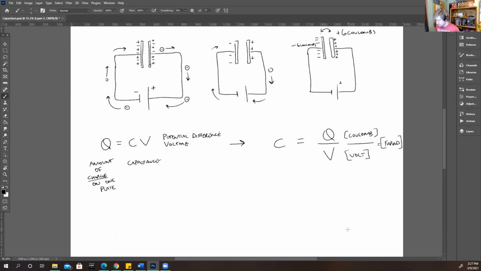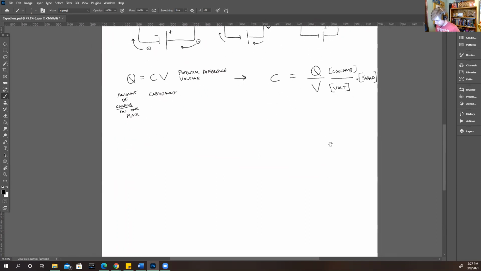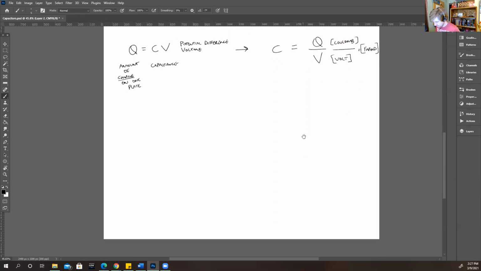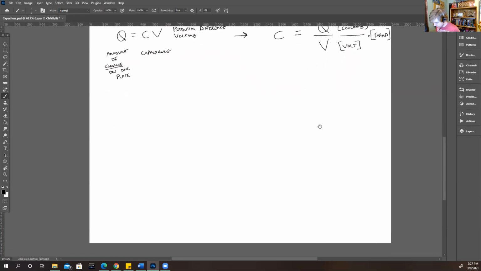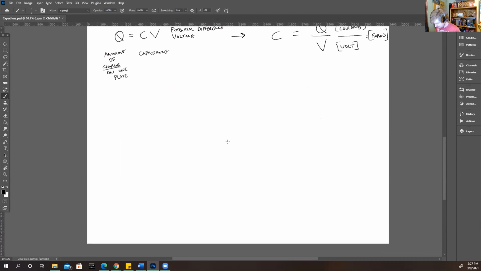Okay. Let's see. All right. One more set of pictures, actually. So we have this battery. And I'm going to do a 3D sort of picture of these two plates.